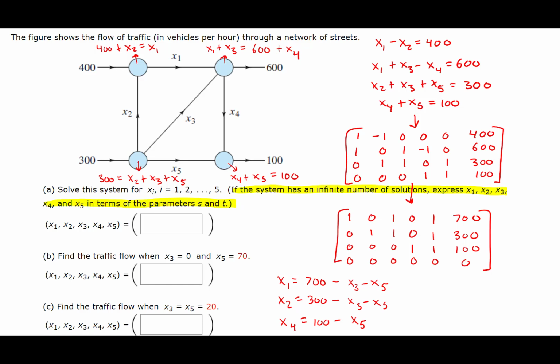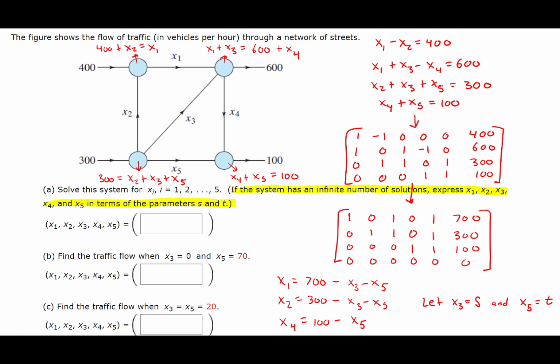And whatever you choose for x3 and x5, that will determine what x1, x2, and x4 are. So what you can do is let x3 be equal to s, so this parameter s, and you can let x5 be equal to t. Right? And then you can describe all x1, x2, x3, x4, x5 in terms of s and t.